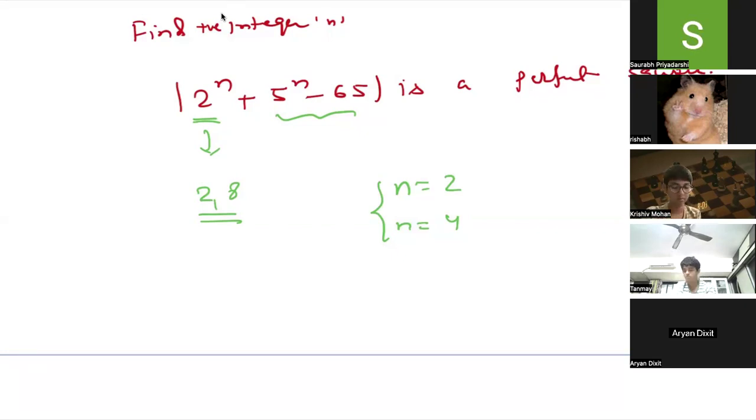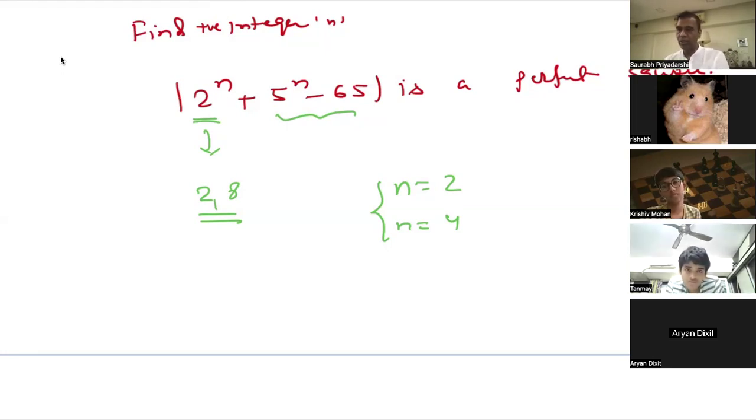But we have to make sure that if n is greater than this value, that for n greater than 4 or greater than 5, or from 6 to any of the even numbers, it's not possible. Right? We have to make sure of that.